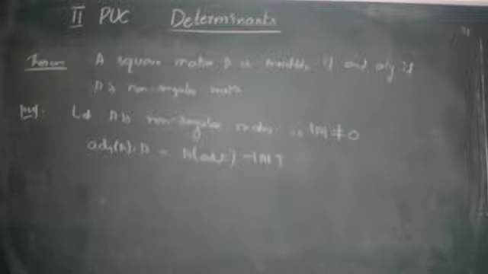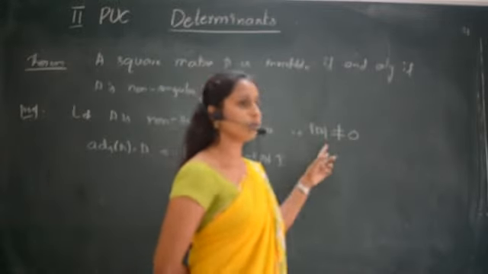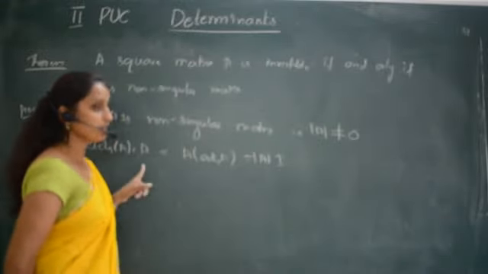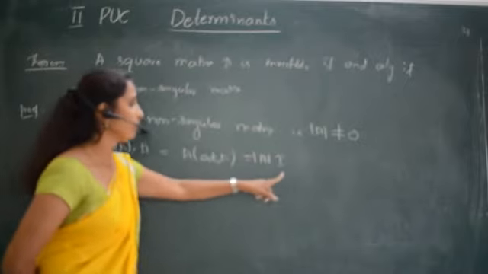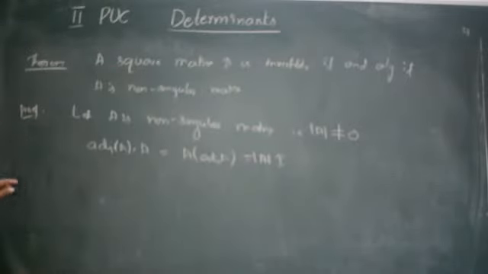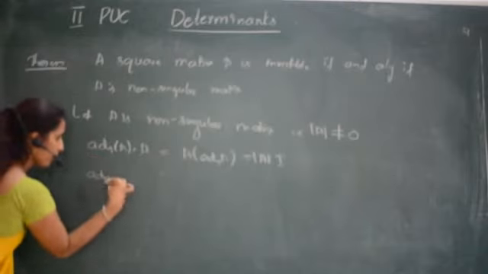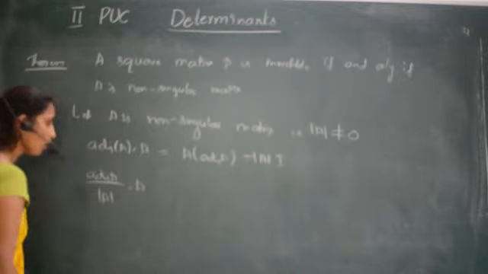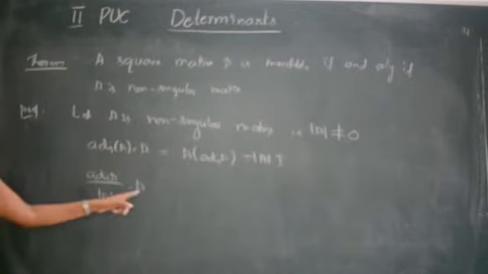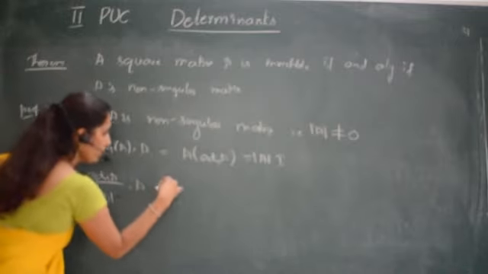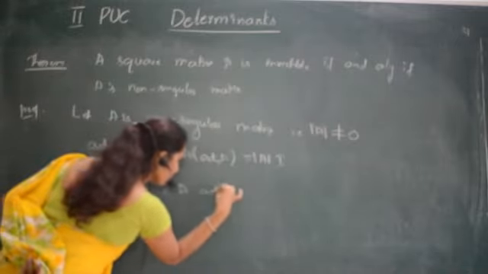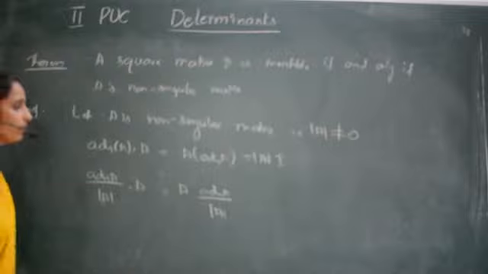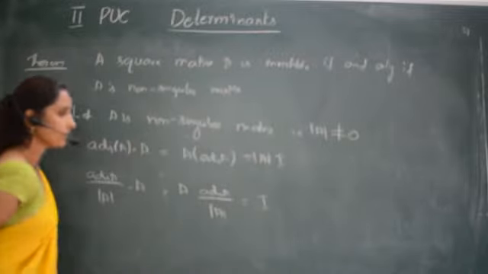Next, we know that determinant of A is not equal to 0, so I can divide throughout this equation by determinant of A. So this becomes adjoint of A divided by determinant of A into A, which is equal to A into adjoint of A divided by determinant of A, and this will be equal to I.